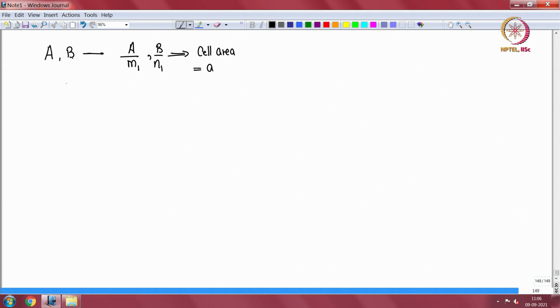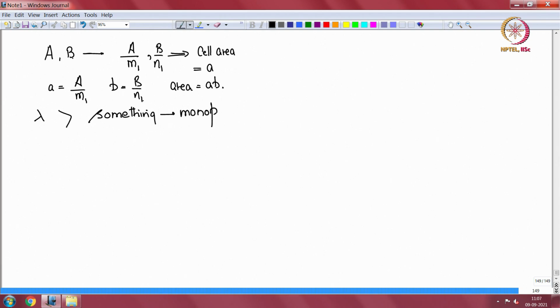Well, let's see: a is equal to A over M1, b is equal to B over N1, and phase cell area is equal to ab. Now, of course, the acoustic wavelength lambda must be greater than some cell dimension, something related to the cell, for it to be a monopole. That leads to a monopole definition.